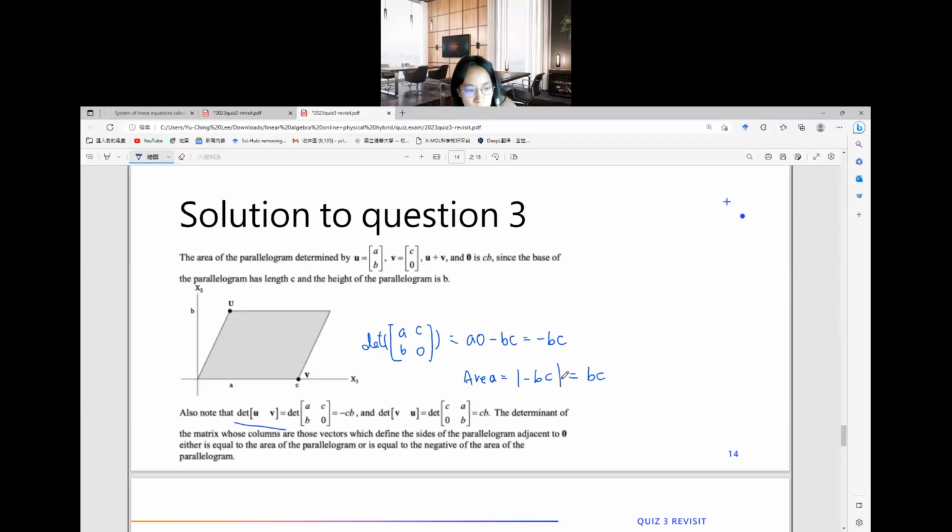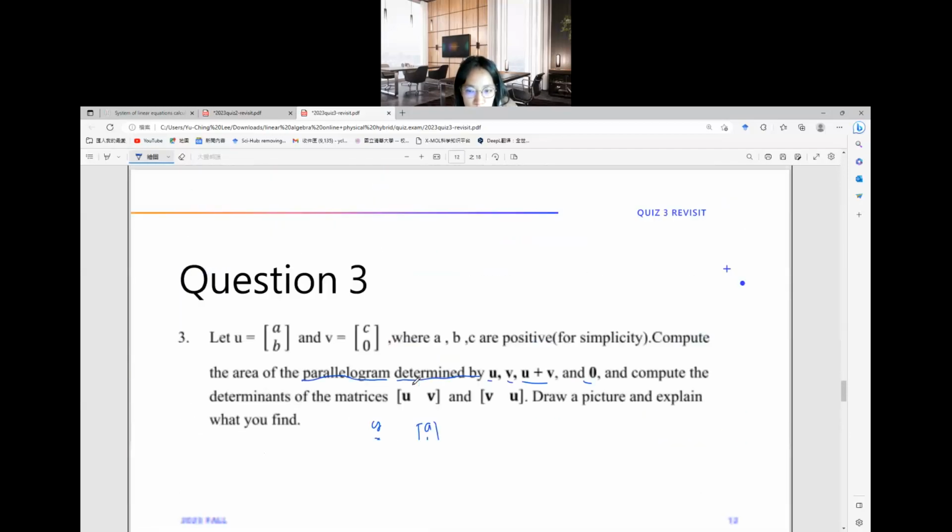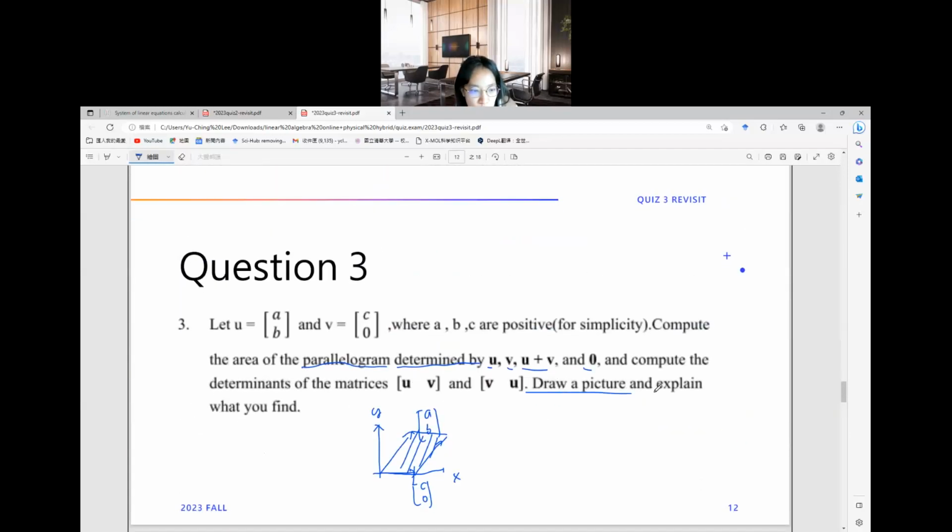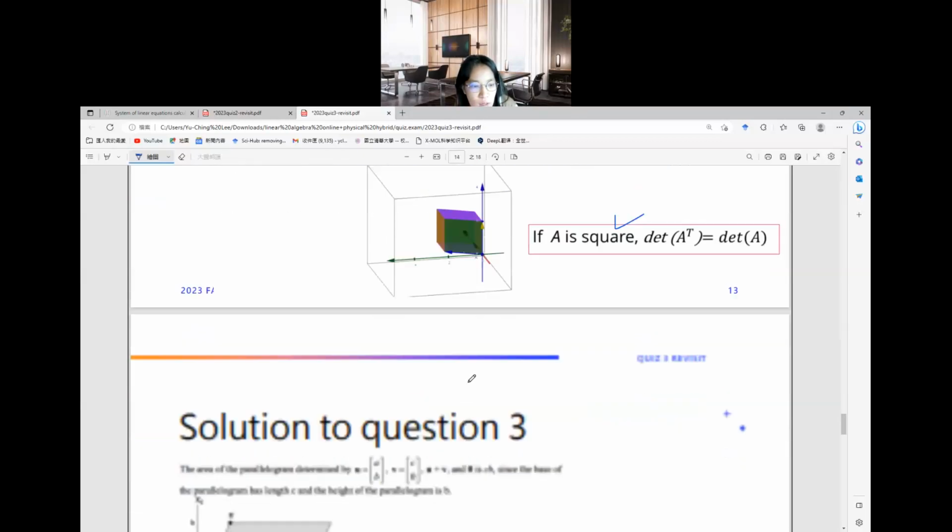And then we still need to explain it, because the question asks us to draw a picture and explain what you find. So we need to answer both. The first one is draw a picture, and the second is explain what you find.